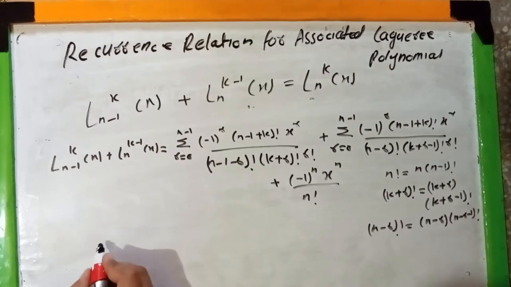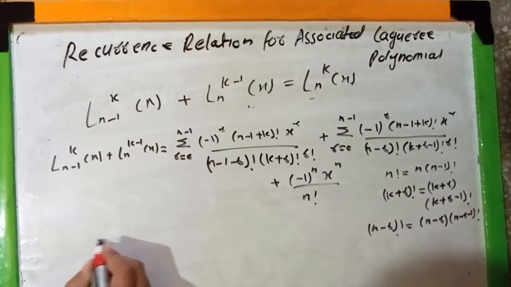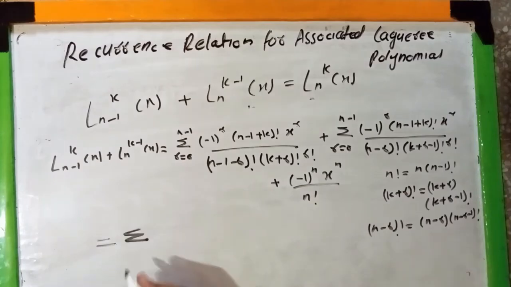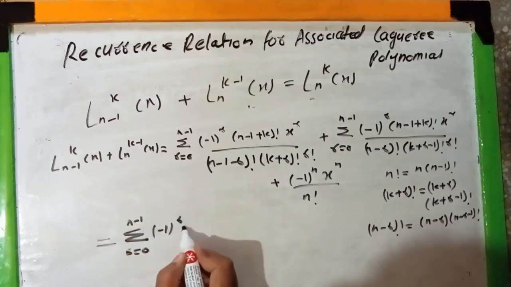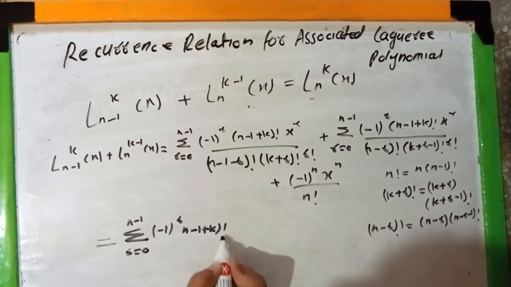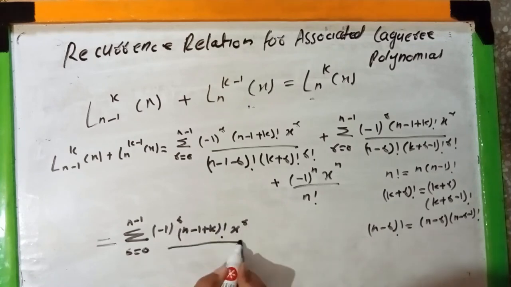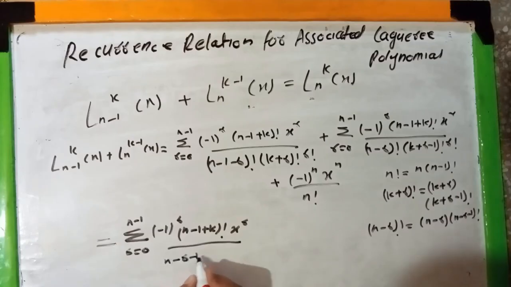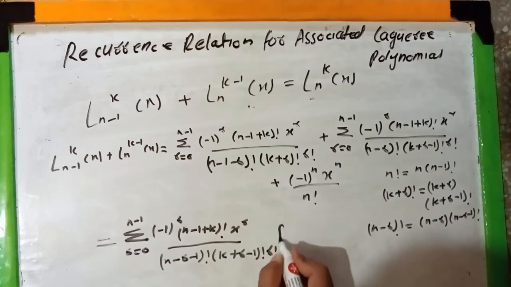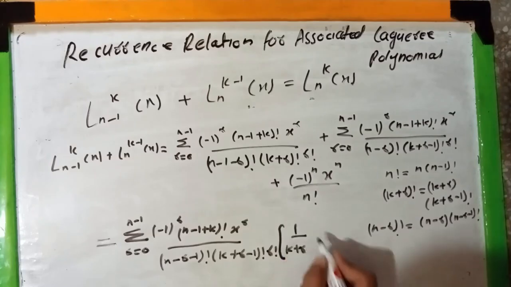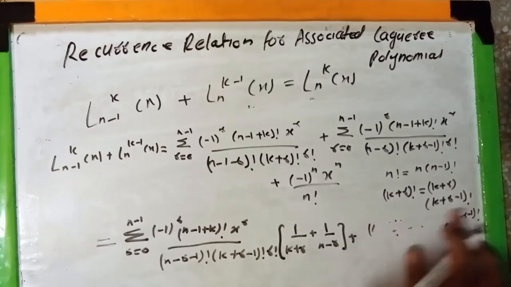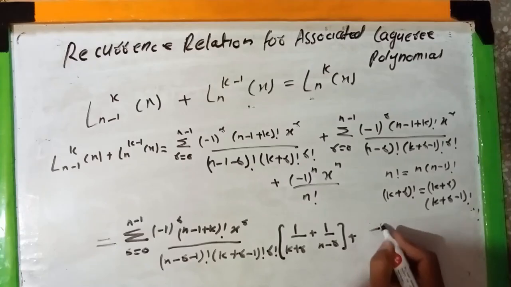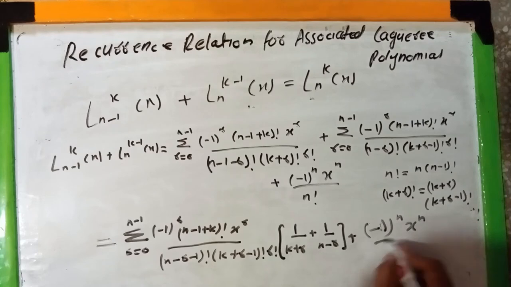So from the first two terms we take common, and this becomes summation r is equal to 0 to n minus 1 of (-1)^r (n-1+k)! x^r over (n-r-1)! (k+r-1)! r! multiplied by 1 over k plus r plus 1 over n minus r, plus (-1)^n x^n over n!.